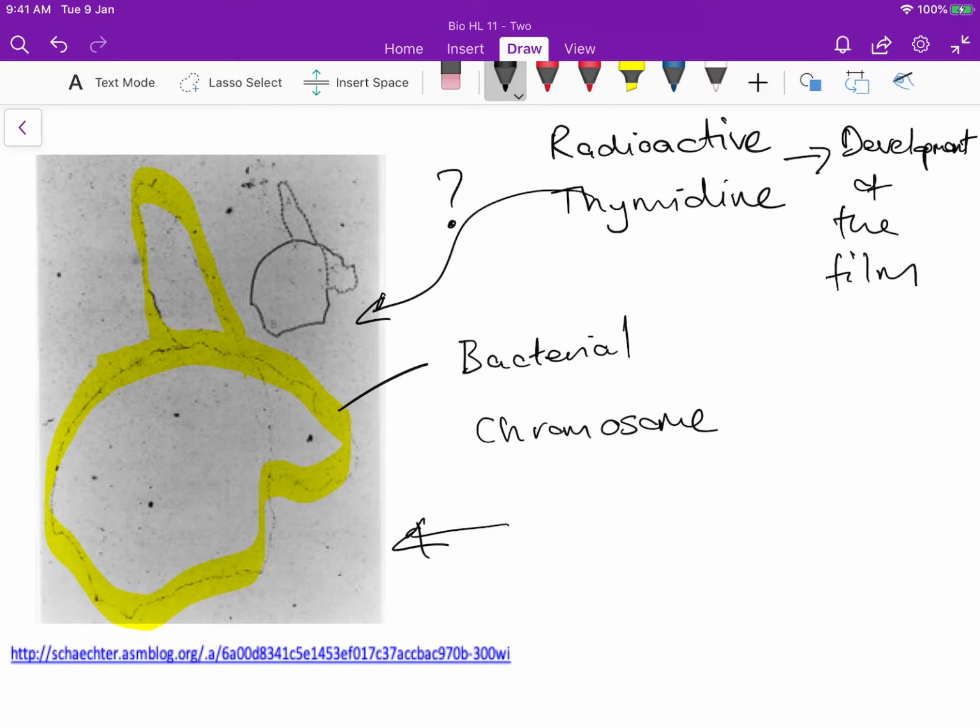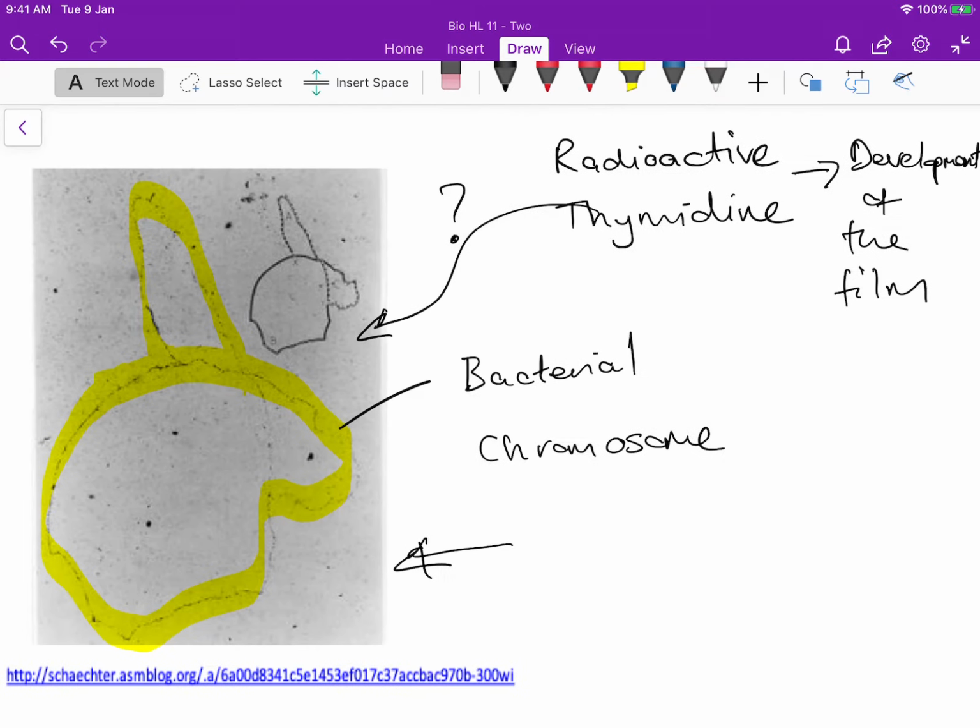And we can see then in those regions where the bacterial chromosomes were. And then they could measure those distances. In order to get out the DNA, they had to break open the cell. And a fancy word for break is lysed. So they broke open the cells to get the DNA out.